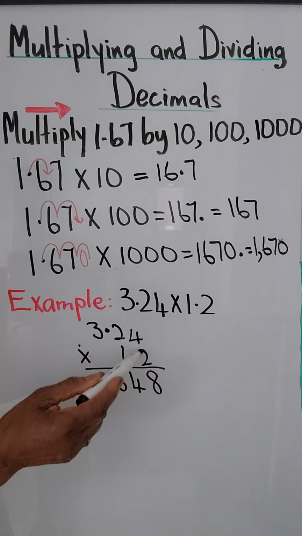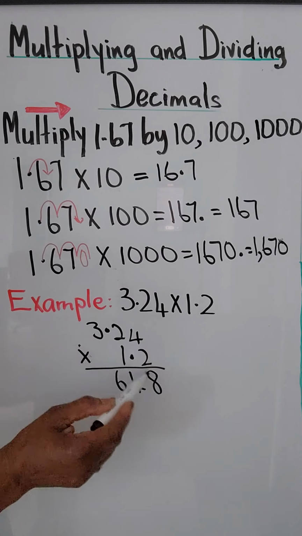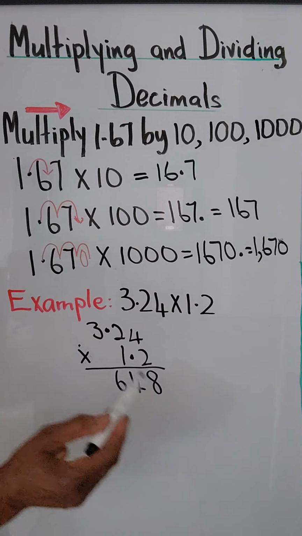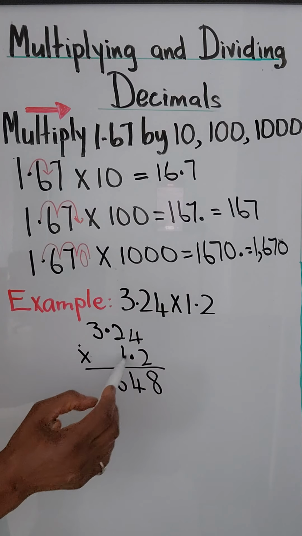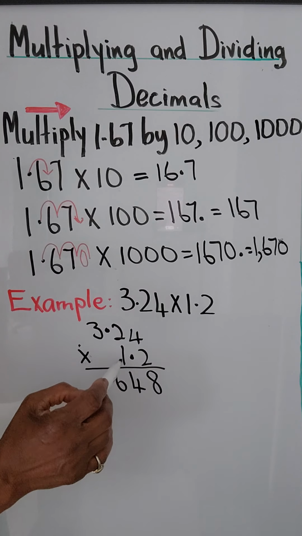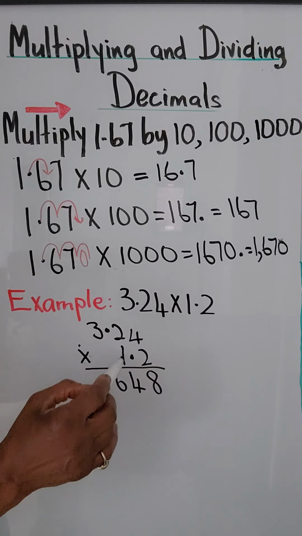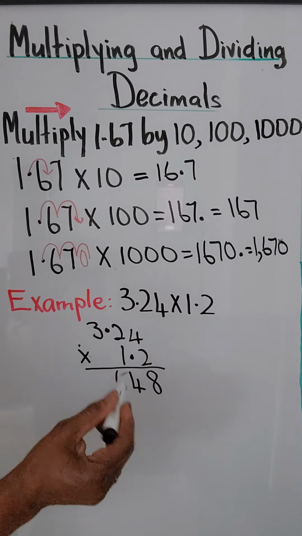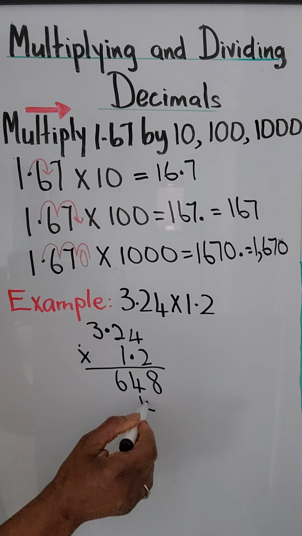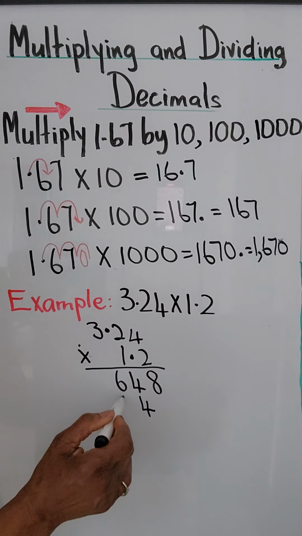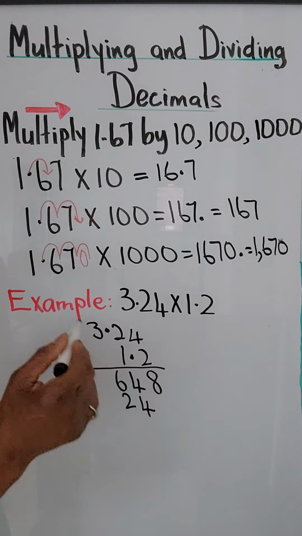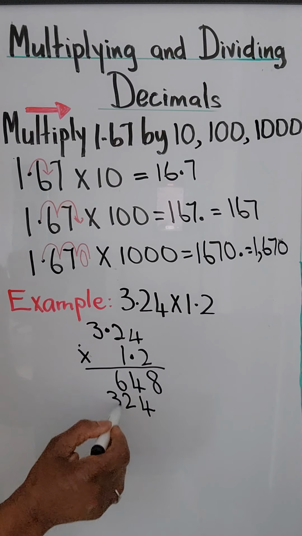So we're multiplying by 2 ones, so the first number goes on the ones column. Now we're going to multiply by the tens, so the first number goes to the tens column. 1 times 4, 4. 1 times 2, 2. 1 times 3, 3.